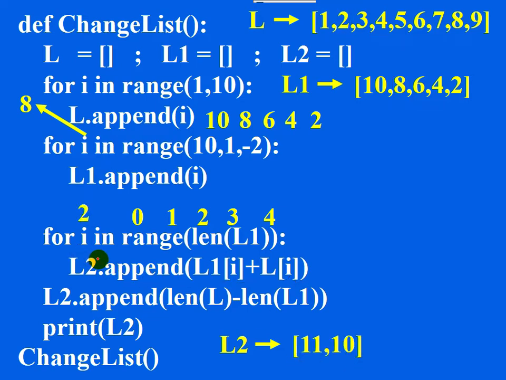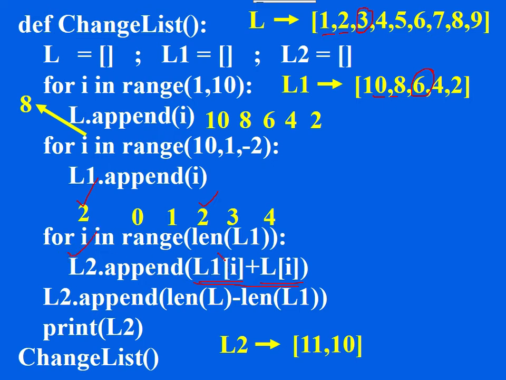Okay. Now I takes the next integer in the range. With this I will stop the iteration of this for loop. So please listen properly. I takes the next integer in the range, that is 2. Now L1 of 2, 0, 1, 2. So L1 of 2 is 6, plus L of 2, 0, 1, 2. So L of 2 is 3. Now 6 plus 3, 9.